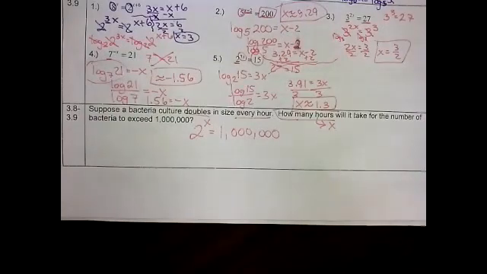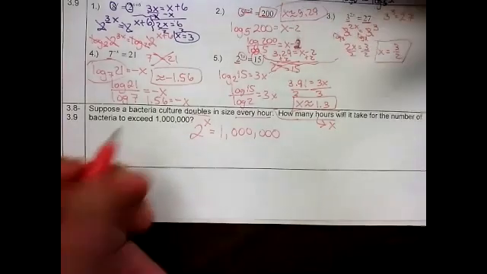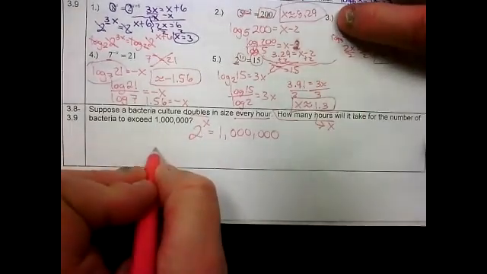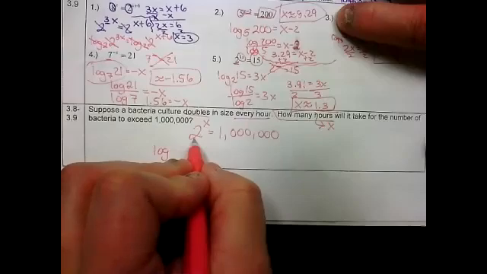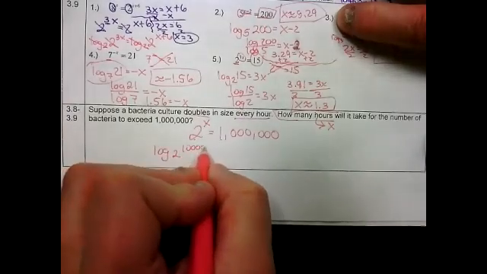Well, 2 to what power would give us 1 million? That would probably be a lot, so I'm not going to try that. I'm going to rewrite this as a log.